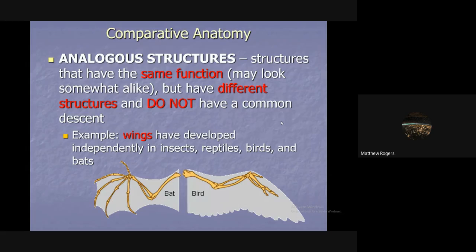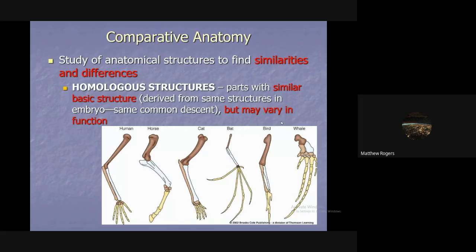Analogous is things that have the same function, but they're different structures. So they're not related. Here, bat wings and bird wings are not related, but they have the same function. And then comparative anatomy is looking at how we use the same structure, but in different ways. This shows descent, this shows common ancestor, and this would be like the forearm of these guys.